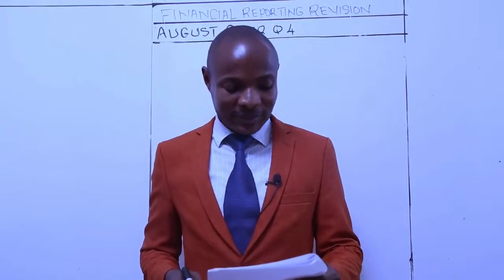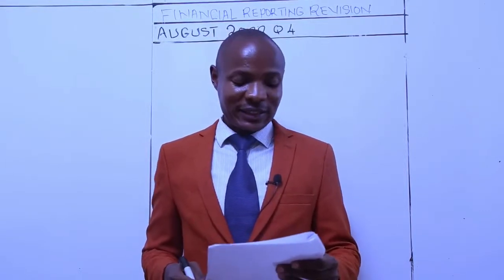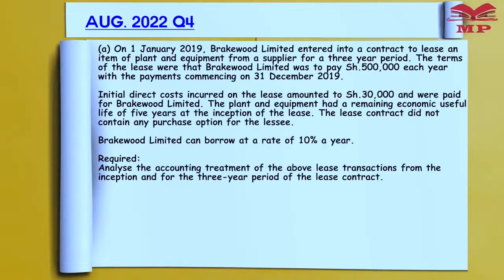So the question reads, on 1st January 2019, Breakwood Limited entered into a contract to lease an item of plant and equipment from a supplier for a 3-year period. The terms of the lease were that Breakwood Limited was to pay 500,000 shillings each year, with payments commencing on 31st December 2019. Initial direct costs incurred on the lease amounted to 30,000 shillings and were paid for by Breakwood Limited.